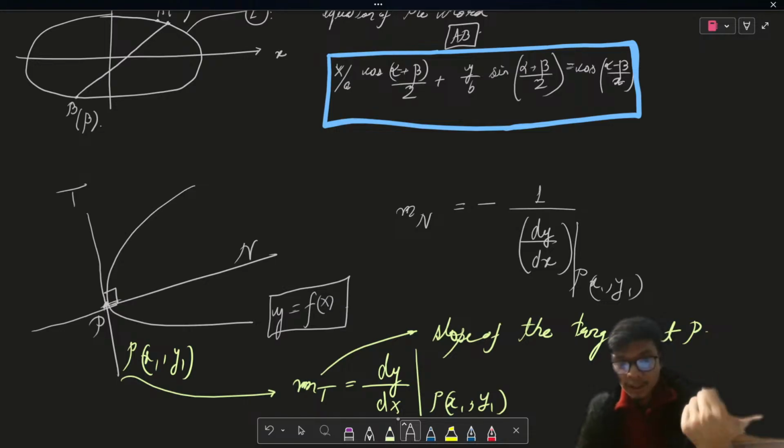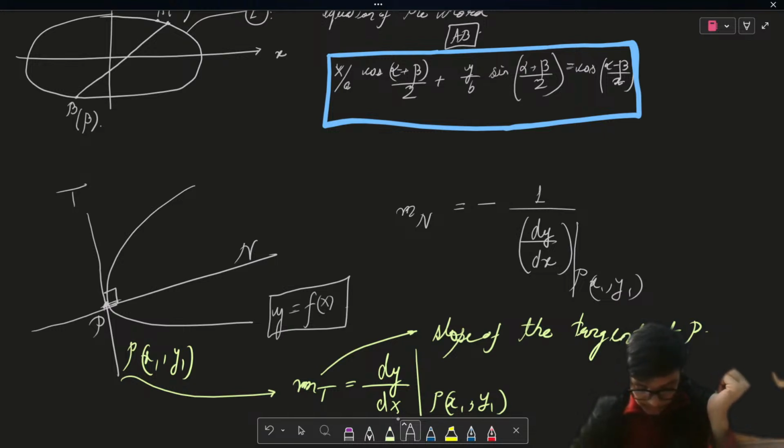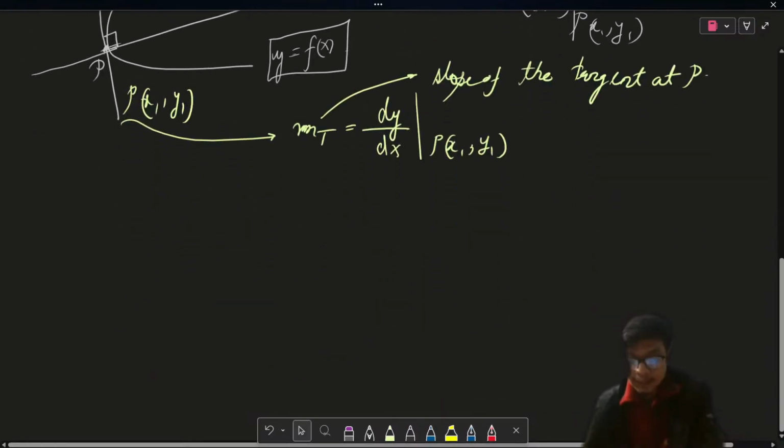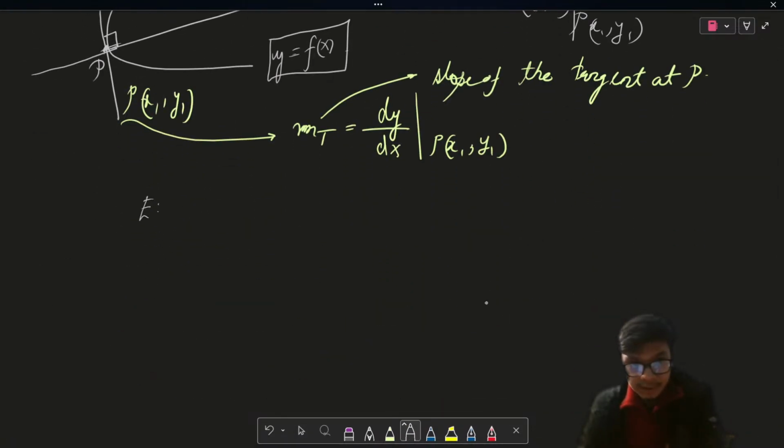Once I get the slope and I know the point, I can easily formulate the equation of the normal. So let us try to do that in the following manner. Let us consider the general equation of the ellipse of this format, that is x square by a square plus y square by b square is equal to 1.